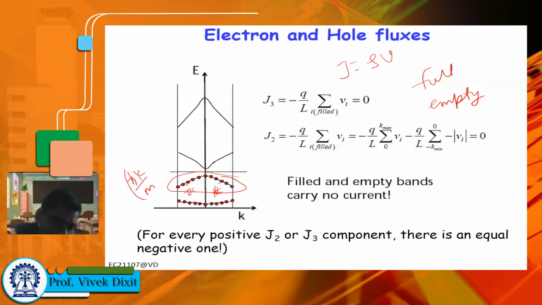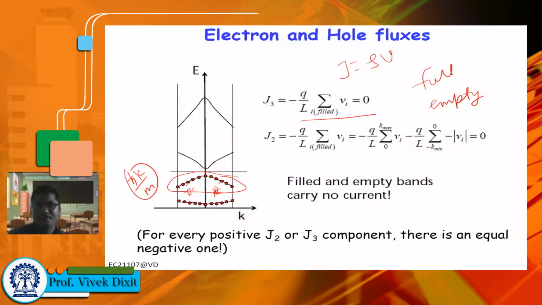So the individual velocities of each particle basically cancel out each other. For each particle with k vector, we have another particle with minus k vector. Overall, their velocities add up to zero, and you will get zero current.